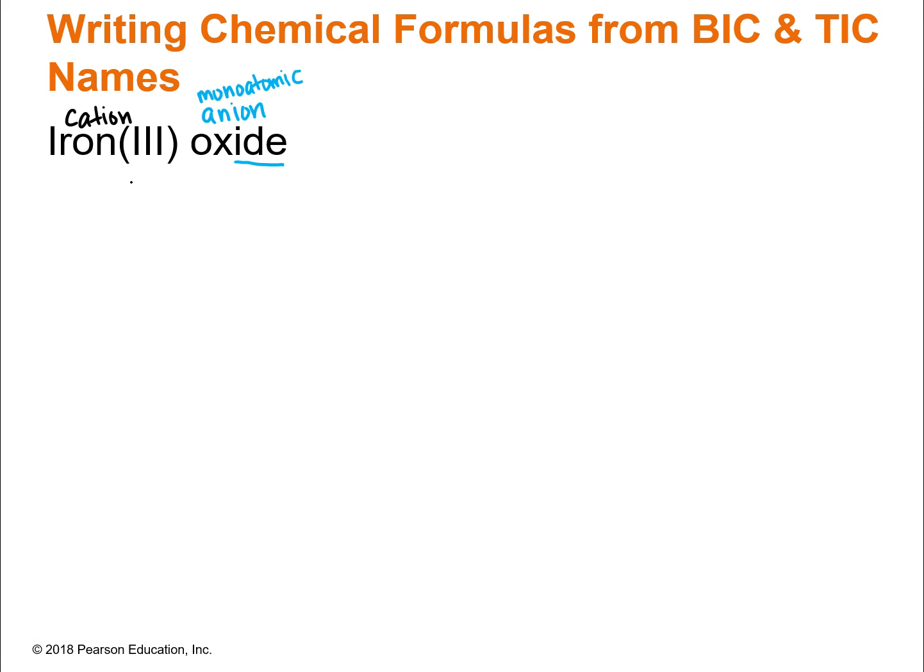Notice here that with the iron, we've got the 3 in parentheses as a Roman numeral. This means that we're looking at a transition metal. So we don't have to do anything to figure out what the charge is. That 3 tells us the charge.